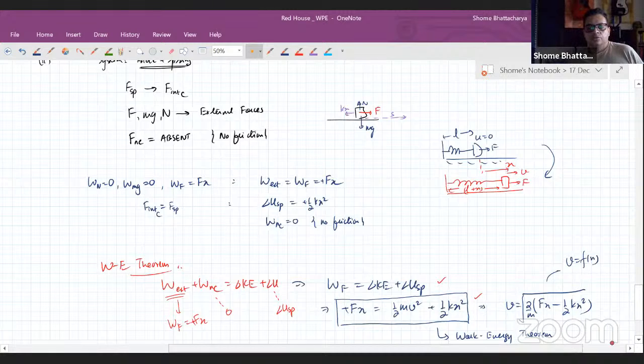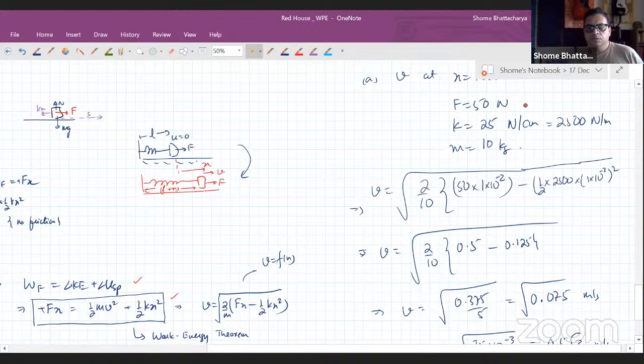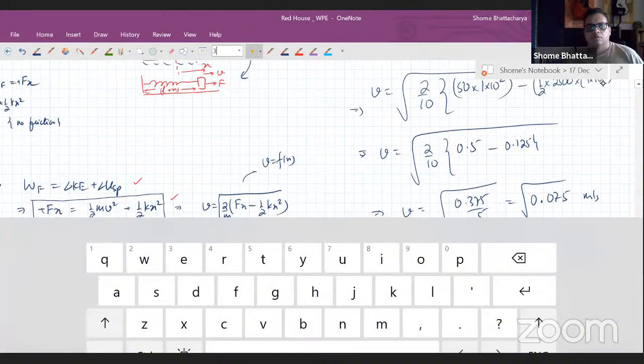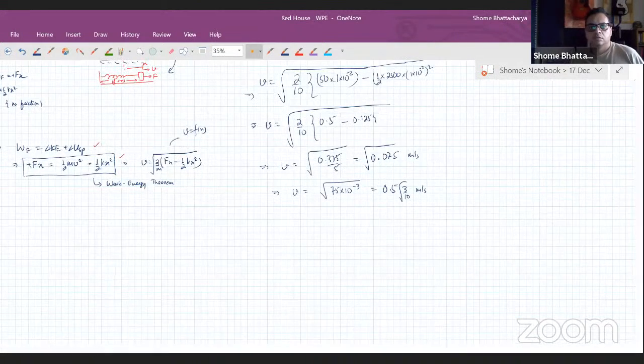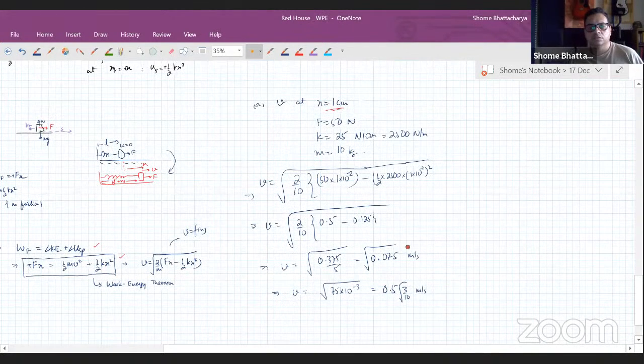Okay, so the first value we have substituted is this one. Okay, 1 centimeter. So we have got this.